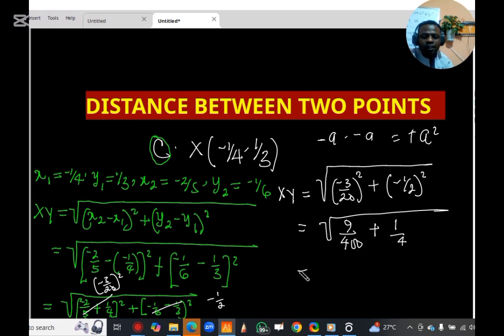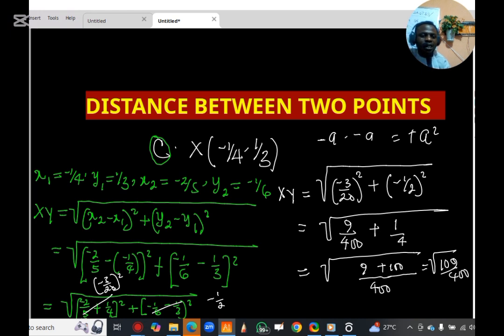Let's simplify this. The LCM is 400. 400 divided by 400 is 1, times 9 is 9. Plus 4 into 400 is 100, times 1 is 100. Yes, that's 100. So we have this to be root 109 divided by 400.